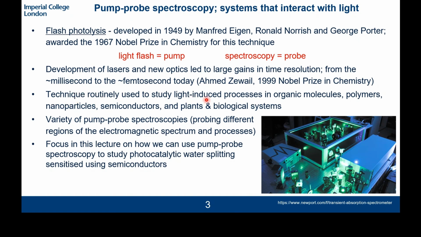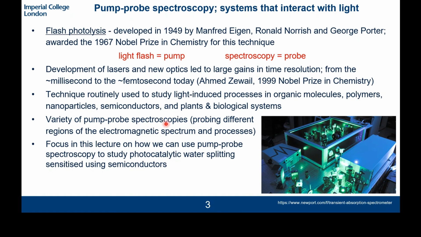They study a whole range of different things, from organic molecules and polymers to nanoparticles, semiconductors, lots of man-made stuff which we can use in photocatalysts or photovoltaics. And also we can look at biological systems like plants to study photosynthetic processes or light-induced changes in conformation and this kind of stuff.